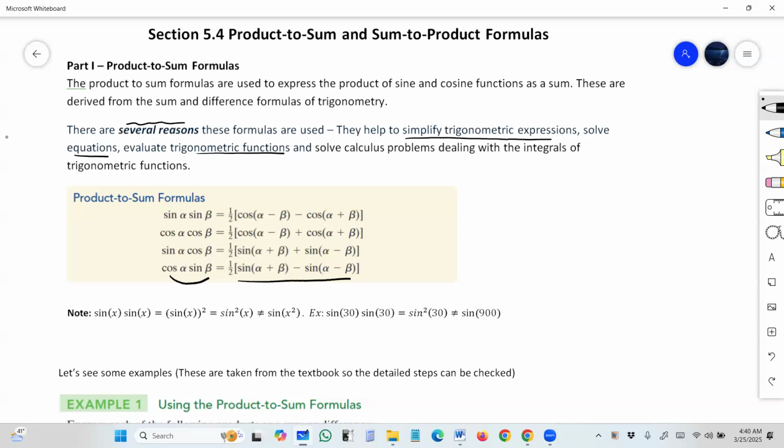And if you take calculus after this course, then you're going to see that the expression on this side will make it a lot easier to evaluate integrals. So these are expressions that with the product, it's almost impossible to work with, but with the product to sum formula, the expression in sum or subtraction format makes it a lot easier to evaluate.